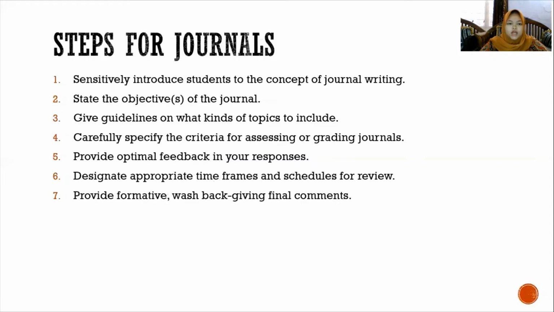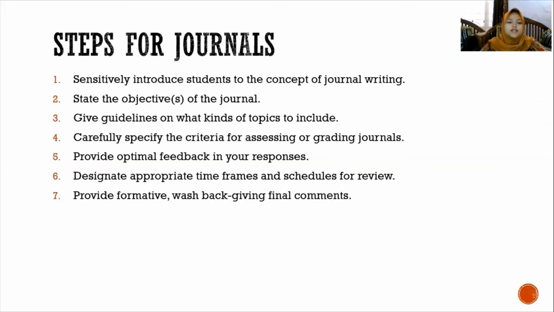The next, we move to how to make a journal. Steps for journals. The first is sensitively introduce students to the concept of journal writing. This is when the teacher introduces what a journal is, what is in the journal, so the students can get a little description about what the journal is.